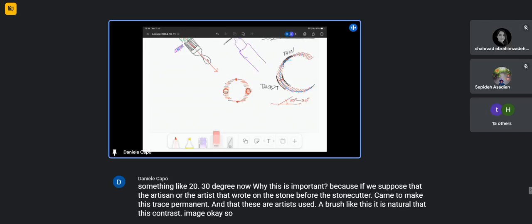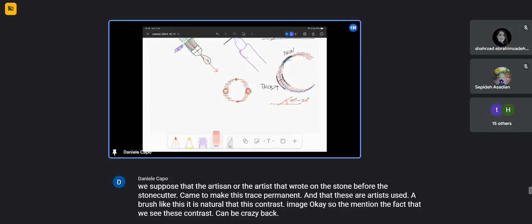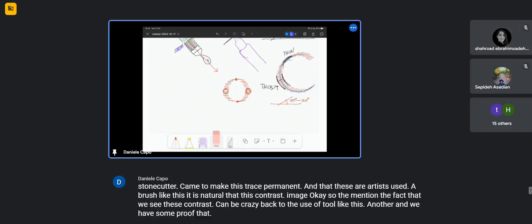So the fact that we see this contrast can be traced back to the use of a tool like this. Another, and we have some proof that we will see.